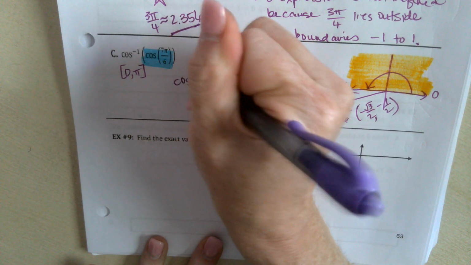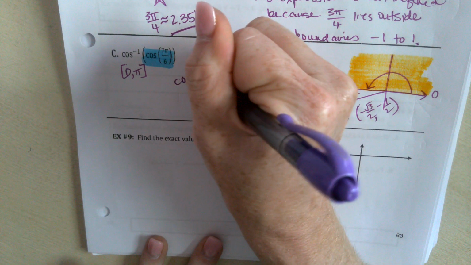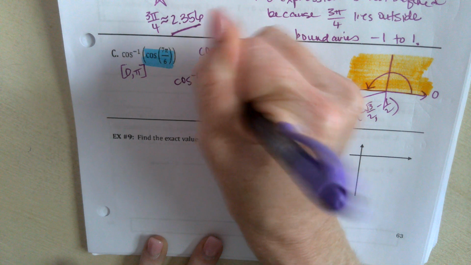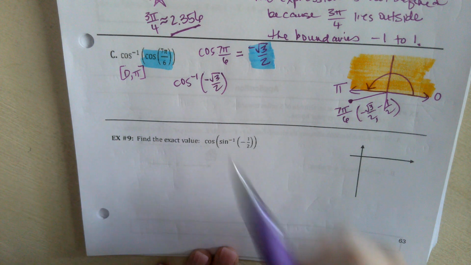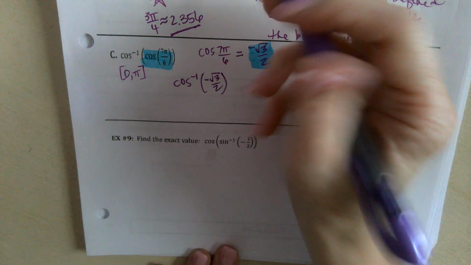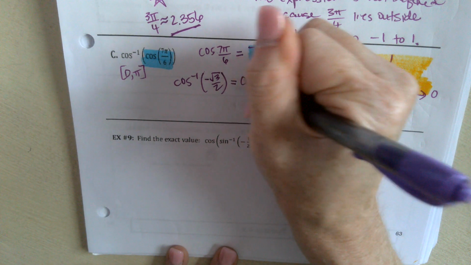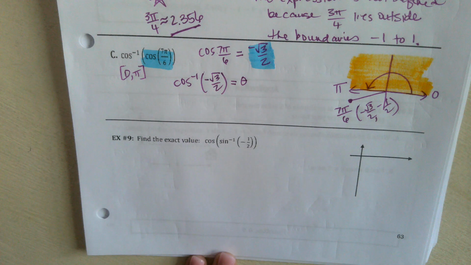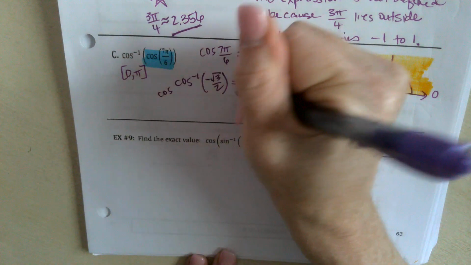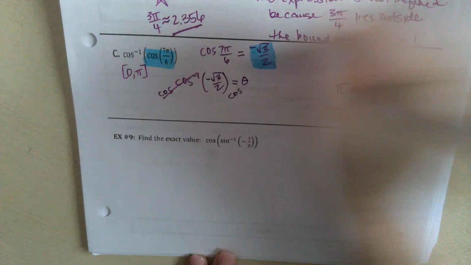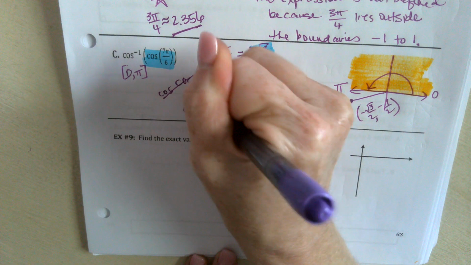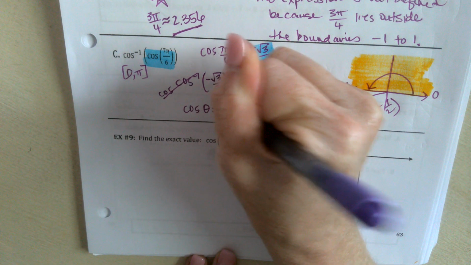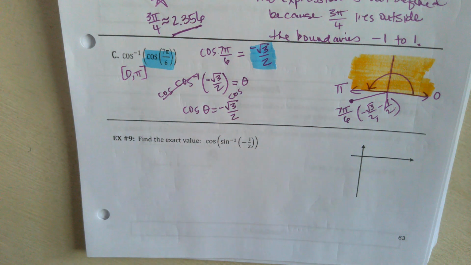So here I'm going to do cosine inverse of -√3 over 2. Anytime I'm asked to calculate an inverse, I am solving for an angle. So I'm going to take the cosine of both sides. So I've got the cosine of theta equals -√3 over 2.